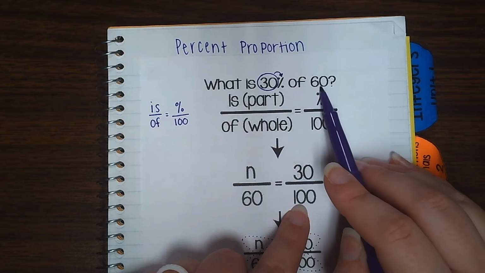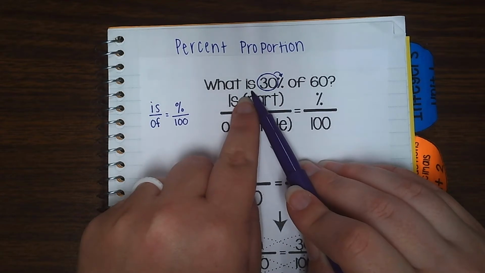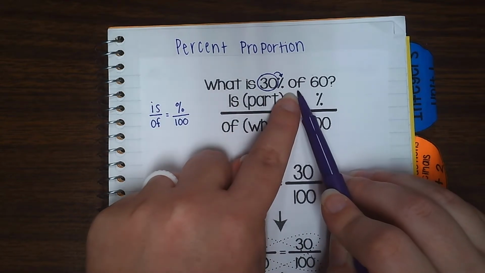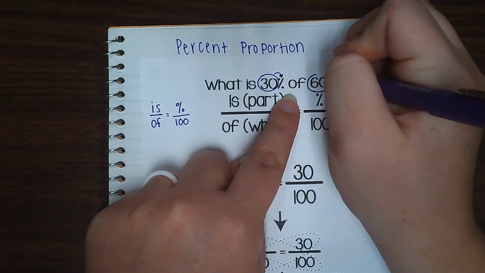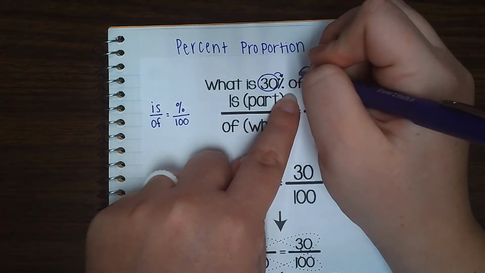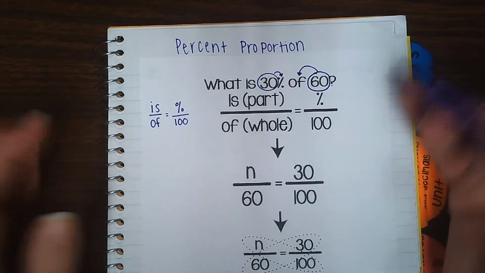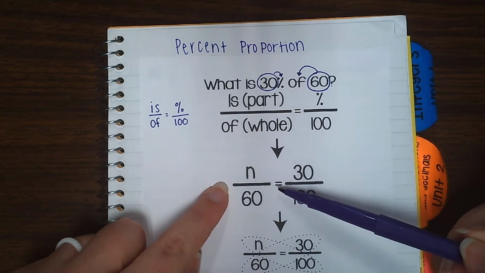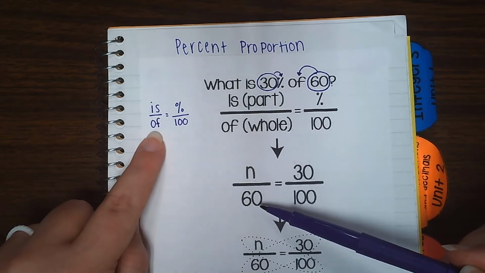Then my second number that I'm looking at, I want to see, is it closer to the word is or is it closer to the word of? Well, it's closer to the word of. So 60 belongs to of. You can see in the example, they have put 60 in place of where of is.